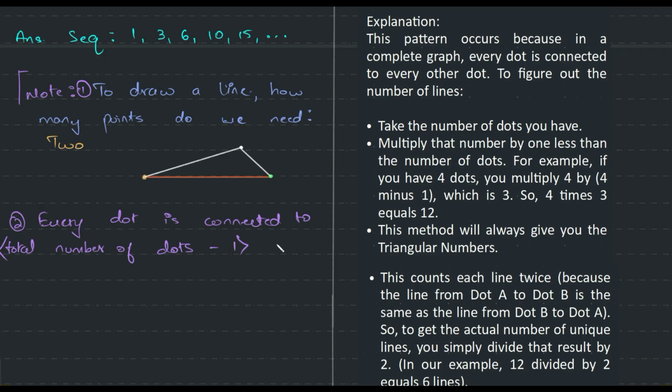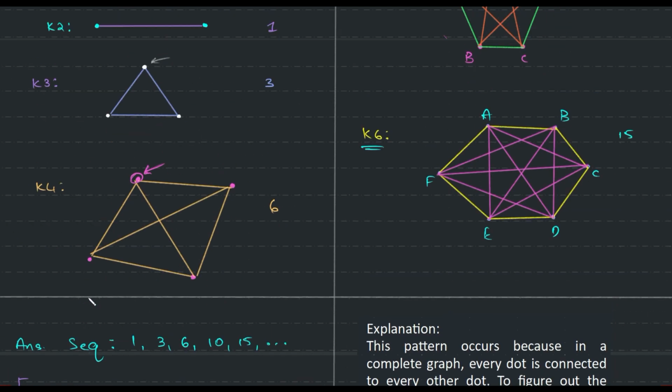So basically, what do we end up with? We'll end up with the total number of dots minus 1, times the total dots. So many lines will be there. Do you guys agree? Are they different or are they the same?